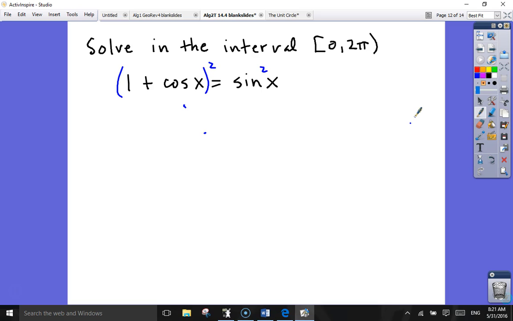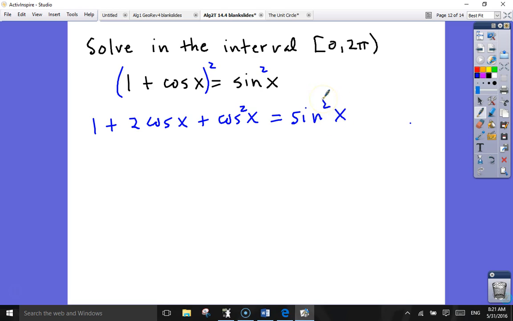But I've got a substitution that takes me from sine squared to cosine squared. I don't have a substitution that takes me from sine to cosine, but the squares, you've got. So that's why we have to do it like that. This is 1 plus 2 cosine x plus cosine squared x equals sine squared x.